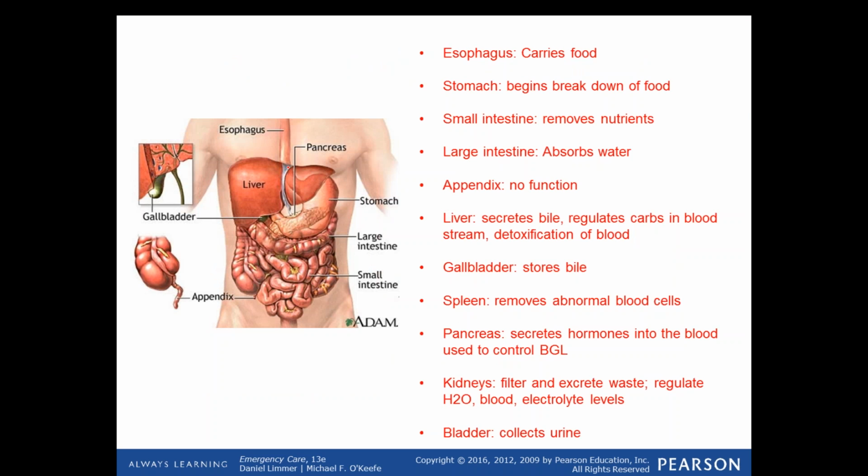So this is another look at the same thing. When it comes to quadrants, these are the different organs and their basic functions. The appendix says no function, depending on the literature that you read. There's definitely some talk about its actual function, but this is just real basic, not getting into a lot of advanced anatomy and physiology.